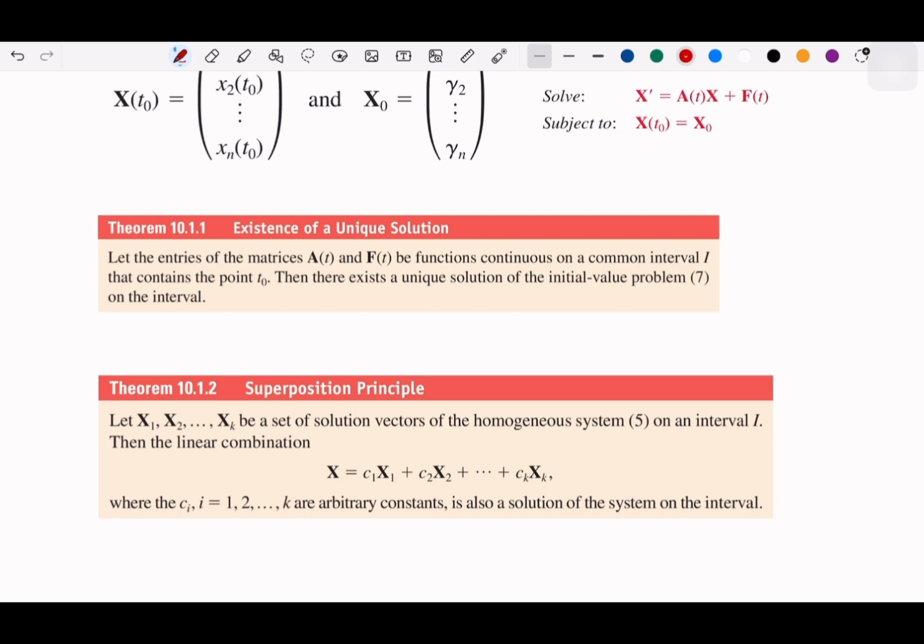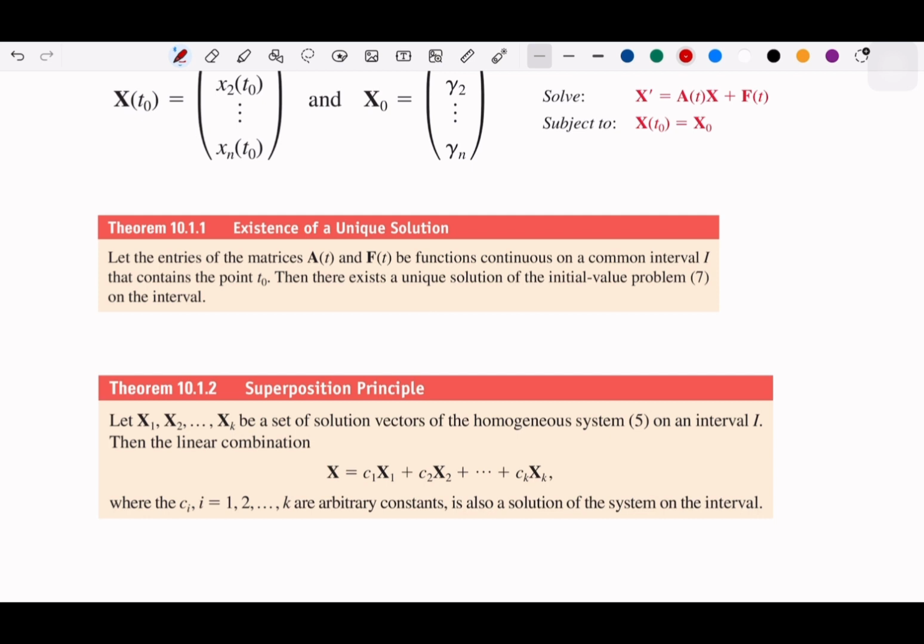And another theorem is the superposition, which I think is also the same as what we have in engineering math 1. So if you check your notes, it's supposed to be the same. The difference is we are going to define this in matrix form. Okay? So let's look at this now.